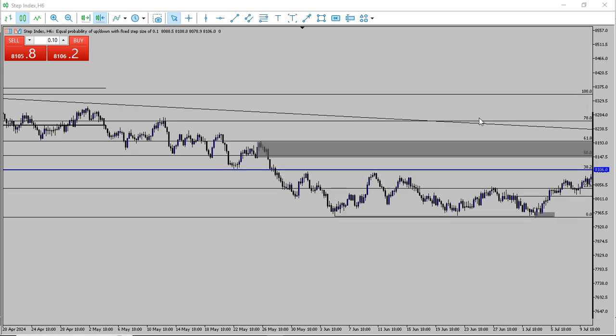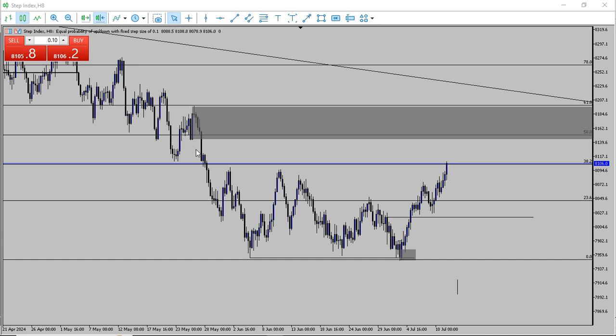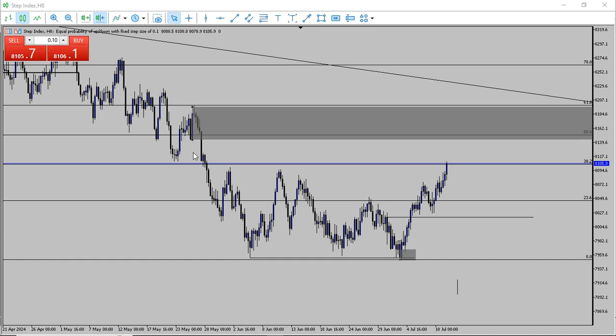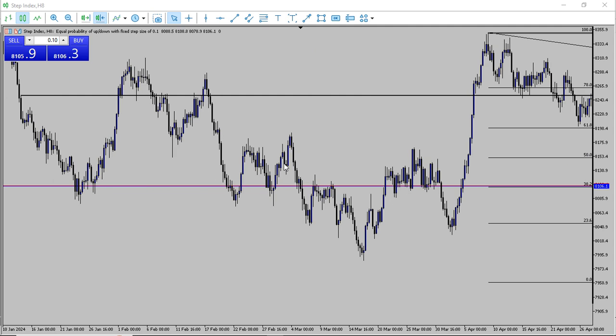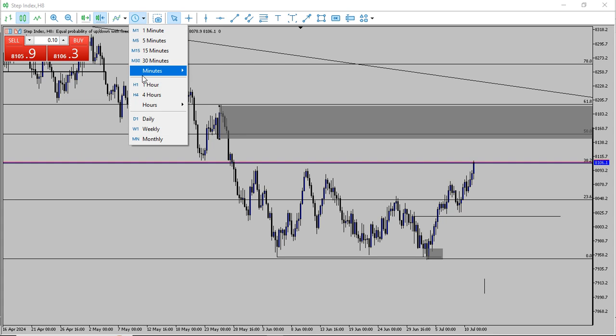Isn't that interesting? Let me go to the 8 hours so you see clearly. You see that it is that area that I marked. So why is there an order block at the equilibrium price? It is there for price to react, even if it's just a little bit, even if it's just for a while.